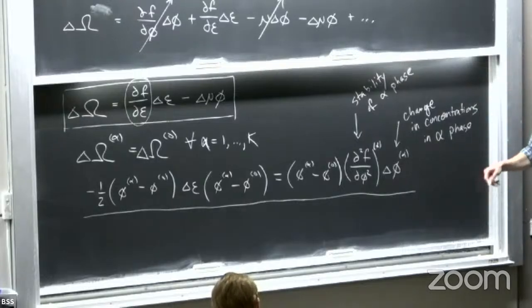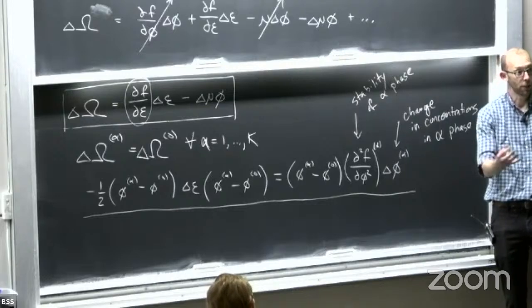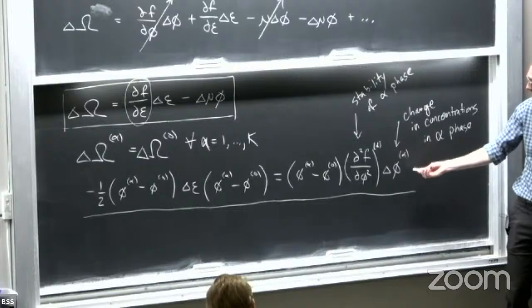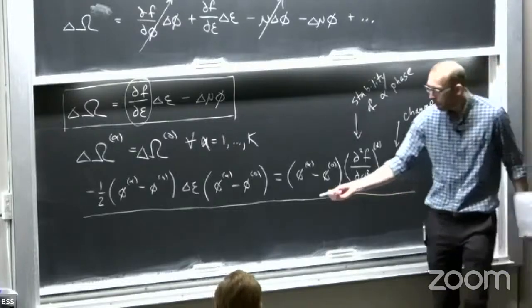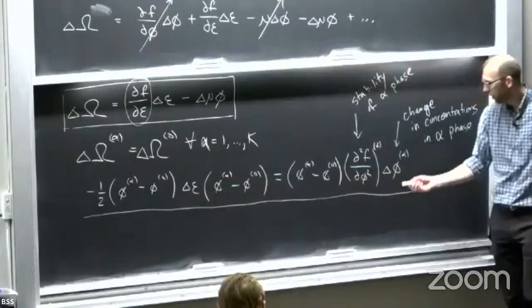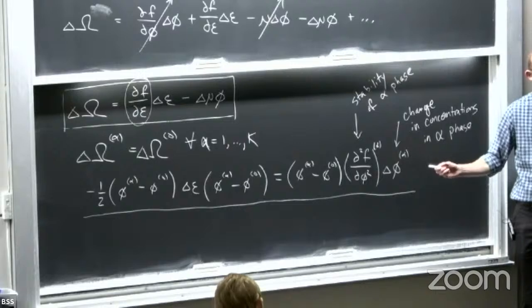Okay, so if you have phases that are very stable, right? Small concentration fluctuations are restored very quickly and very easily, then you can make a large change to your interactions and still maintain roughly the same compositions in your phases, right?